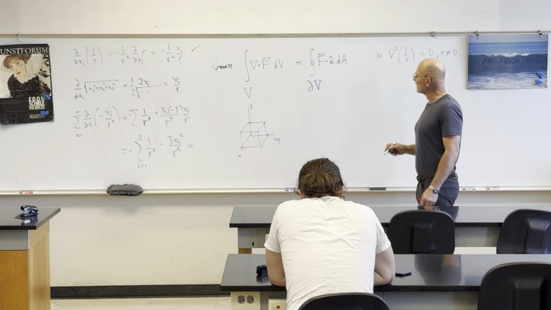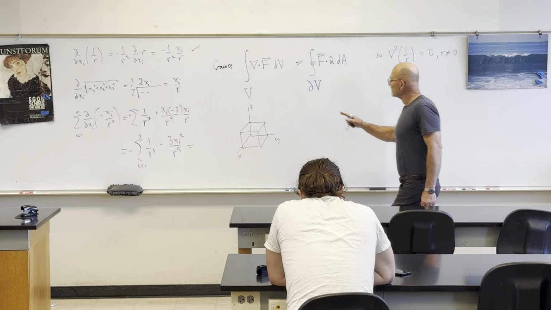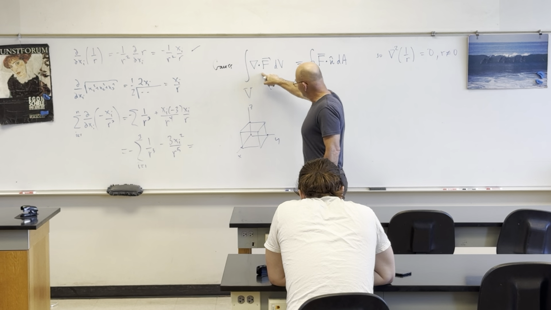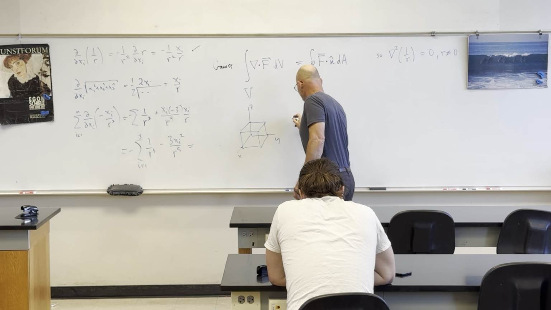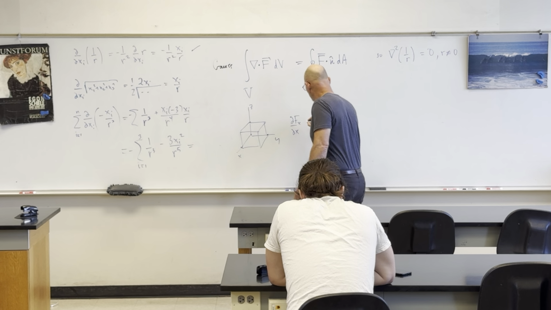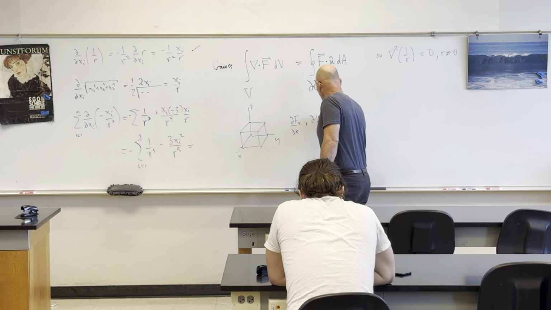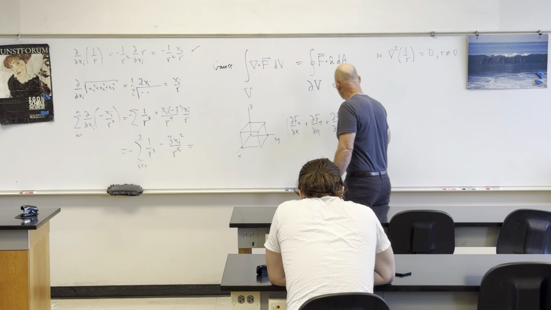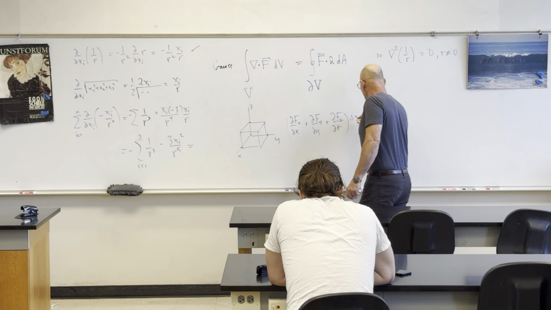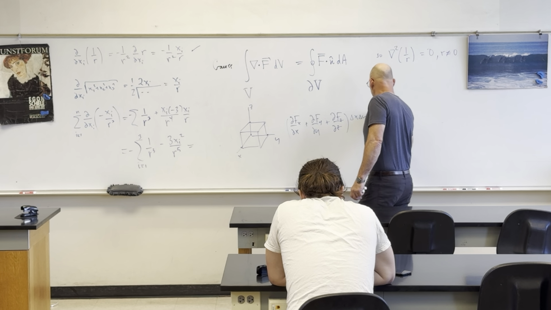Origin's at the back corner there. So this divergence of f integrated over the volume of this cube, that's df_x/dx plus df_y/dy plus df_z/dz, and then the volume is delta x delta y delta z.